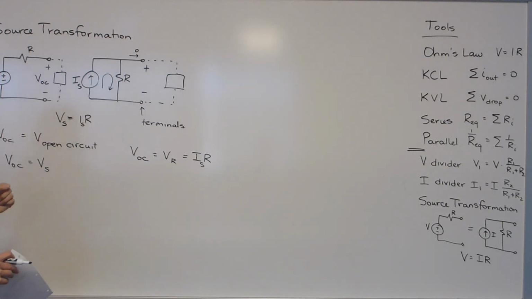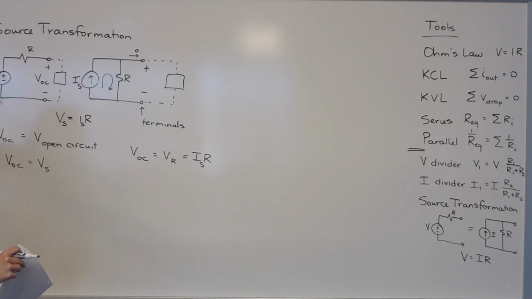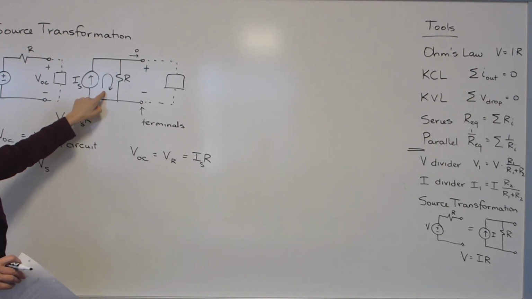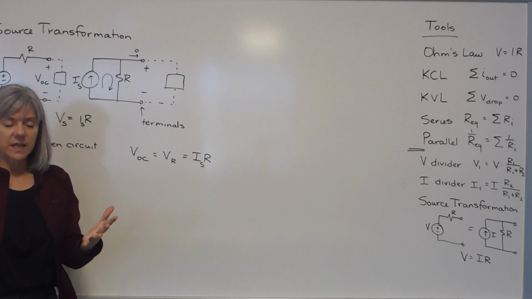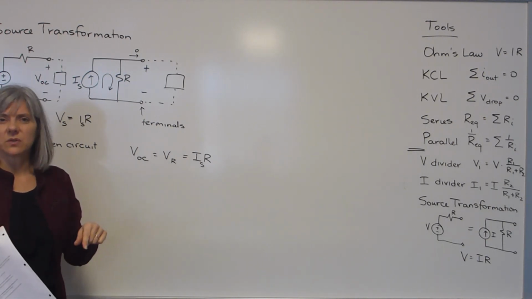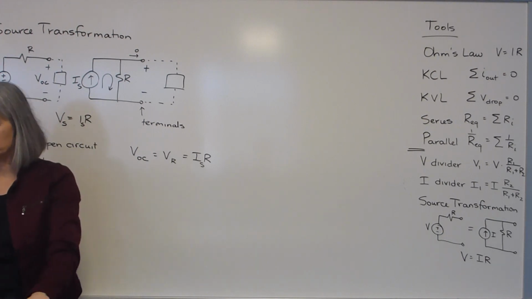And then additionally, we're going to talk about Thevenin equivalence, where we can take a whole big messy circuit and distill it down to just this, or equivalently just this. And the advantage to that is that, let's say I've got a complicated circuit and I just want to hook up different resistors to it. Well, if I hook up one resistor of a given value, I've got to solve the whole circuit.